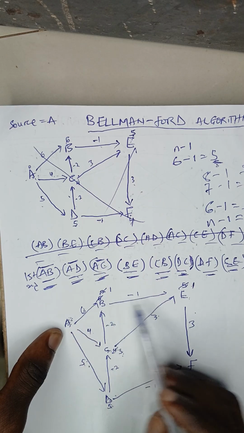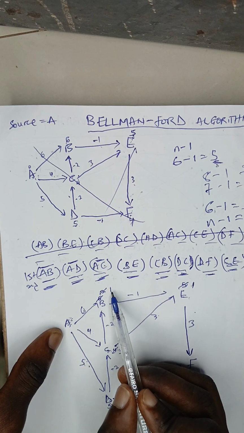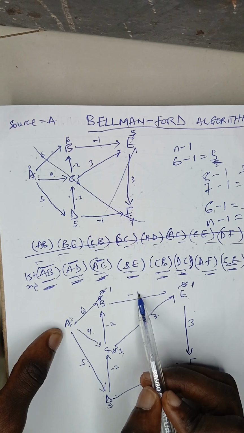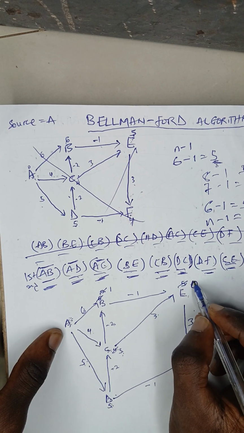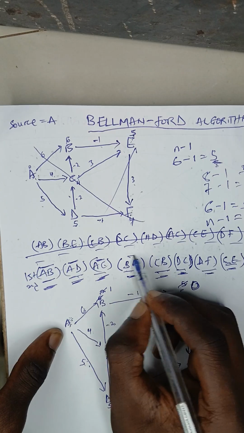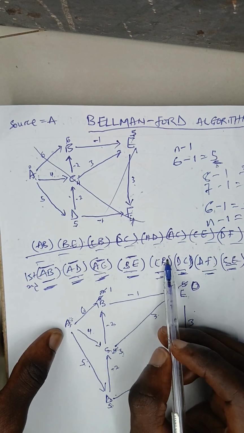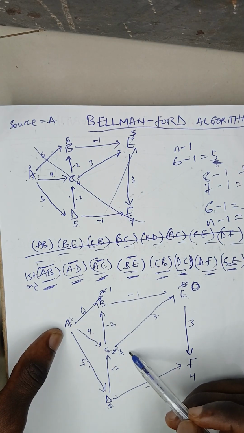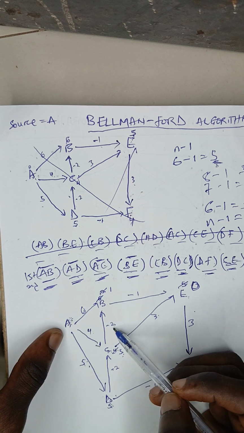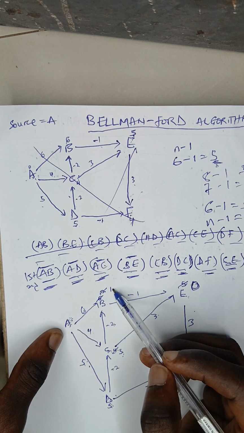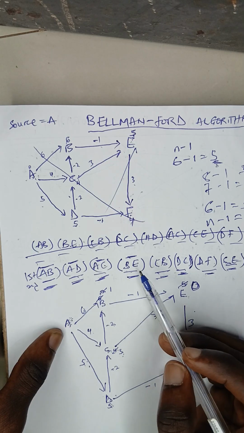B to E. B is 1. 1 minus 1. Here is 1, so you update it. It becomes 0. CB. C to B. 3 minus 2 is 1. So you leave it.